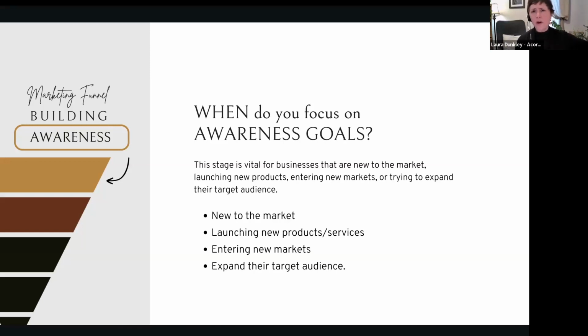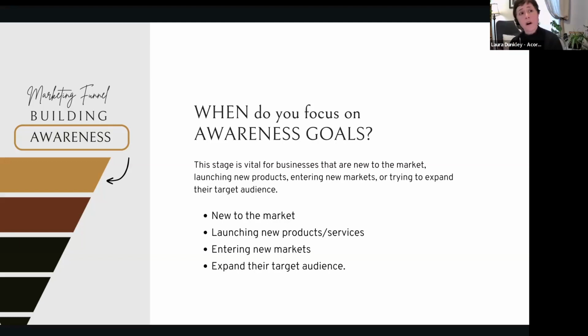So you're new to the market, you've just started your business, you're launching new products and services as an expansion potentially. You're entering a new market, maybe you're moving across the country. Maybe you're going out west and you're in Ontario, or you're going to a whole new country. That's a whole new market as well. Or the products are pushing you into a new market. And then you're expanding your audience. That might be another option.